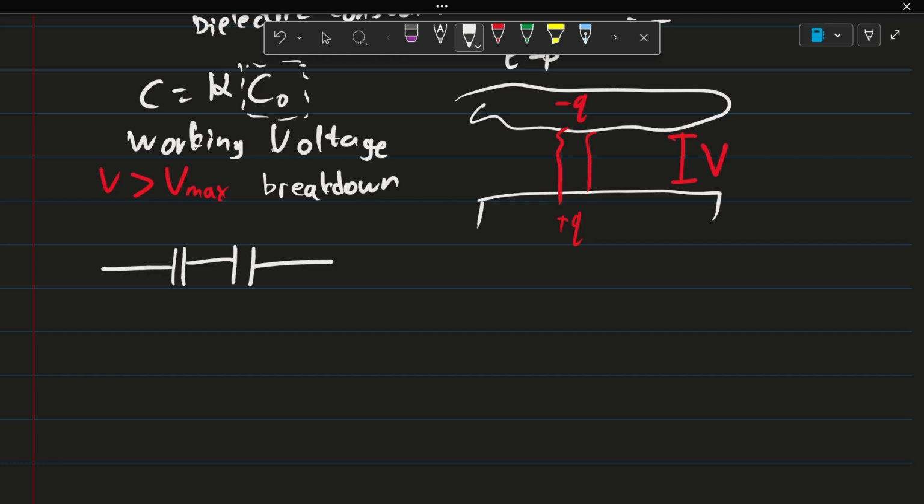So this is a parallel circuit, in which this is a series. So let's just do a parallel circuit. In here I have capacitance 1 and capacitance 2, and I apply voltage as well as a ground.